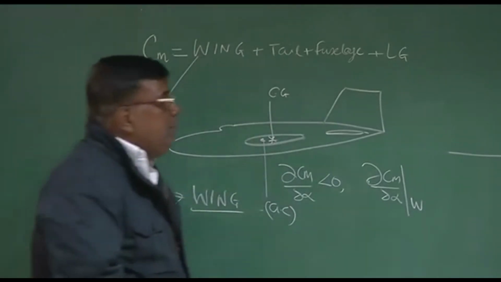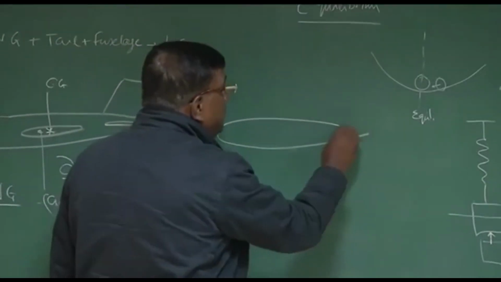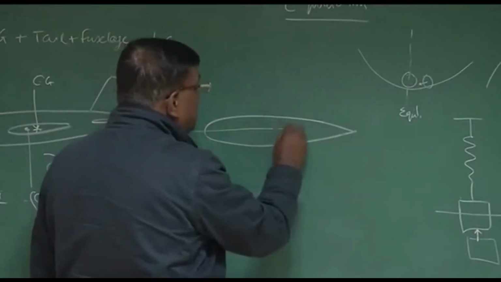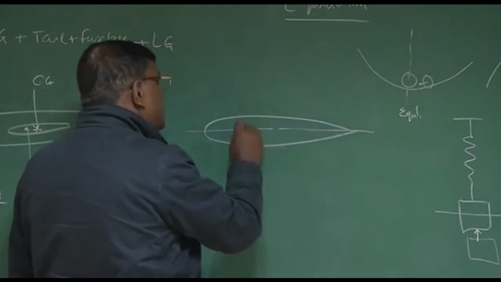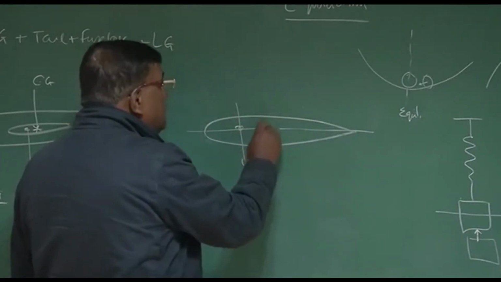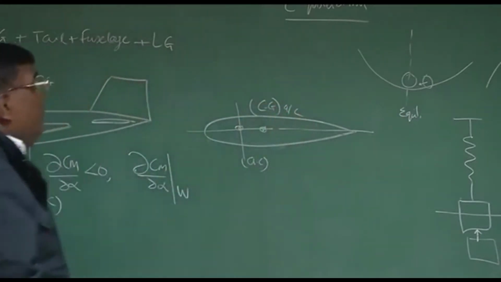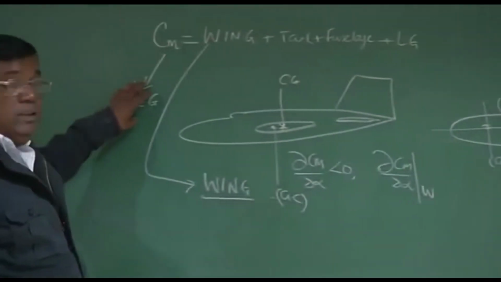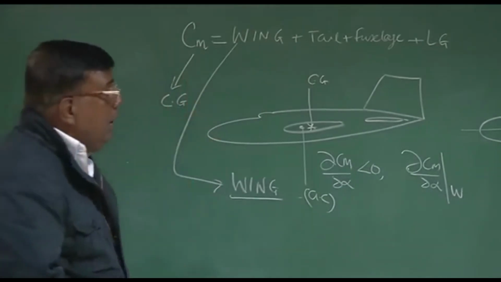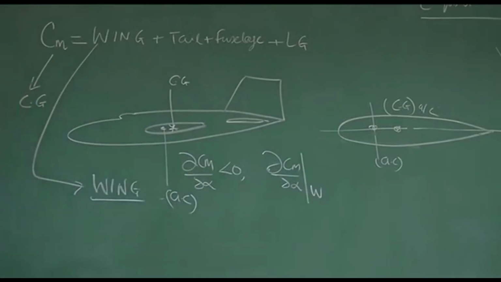So if I draw it explicitly, this is the wing, and typically this is at quarter chord, and this is the CG of the whole airplane. Because we are talking about Cm about CG of the whole airplane, right? Now, do you think this will give dCm by d alpha negative? Check yourself.